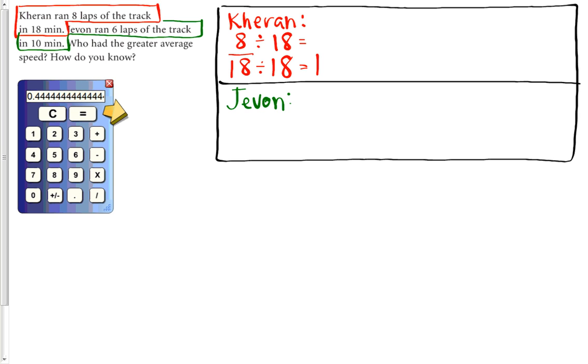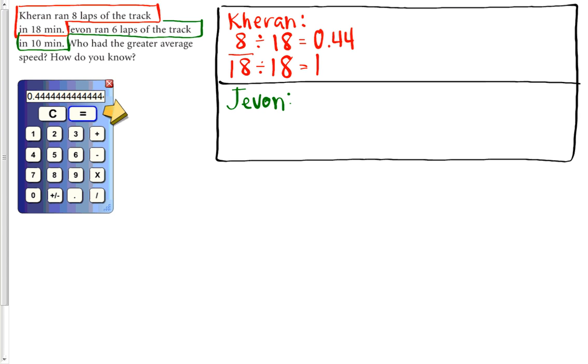I then would divide the numerator or the first term by the exact same thing. I go over to my calculator here, and I put 8 divided by 18. That equals 0.44444. So Kieran ran 0.44 laps per minute.